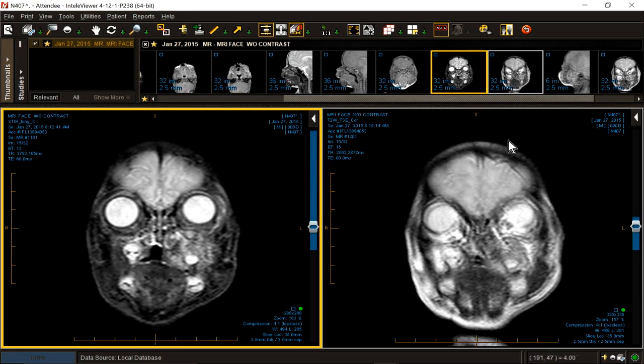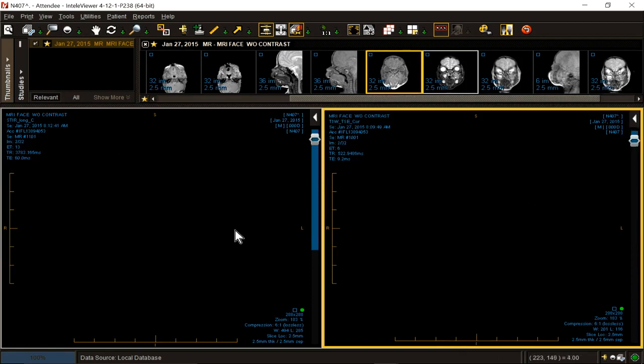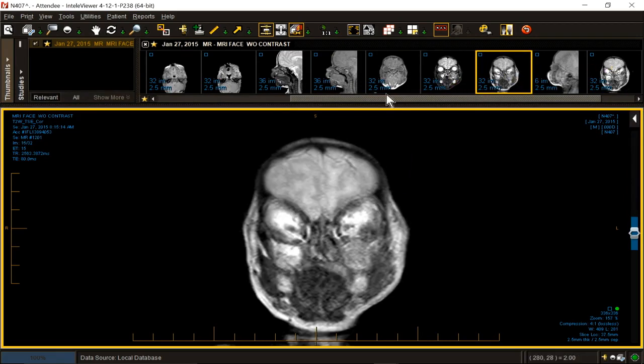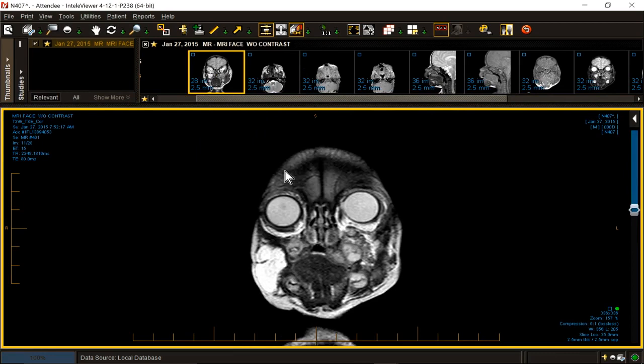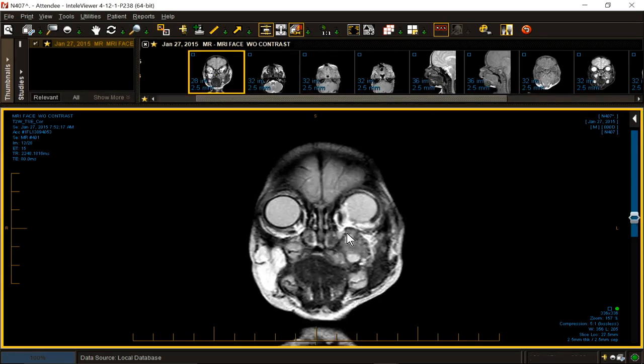So one motion-affected image, not so pretty. Let's stay with a single image since it's time for lunch. And I prefer, I had it up there, this one, the first one. So here is the mass.